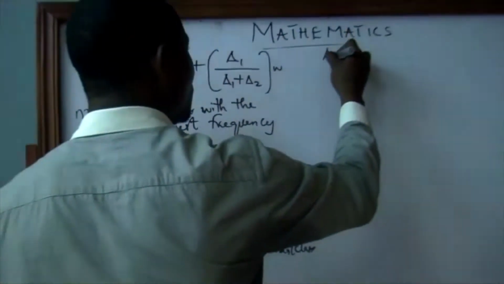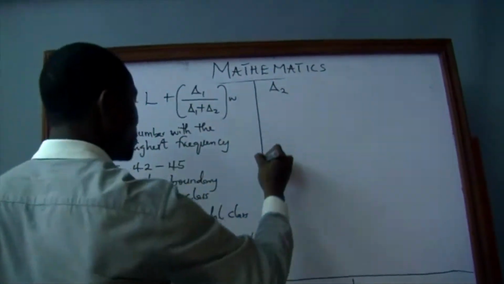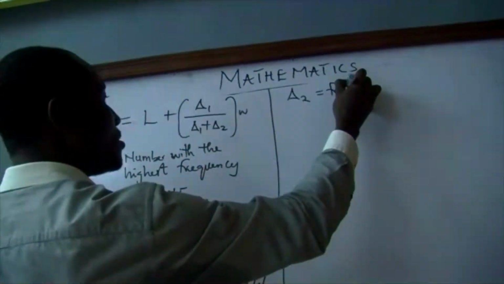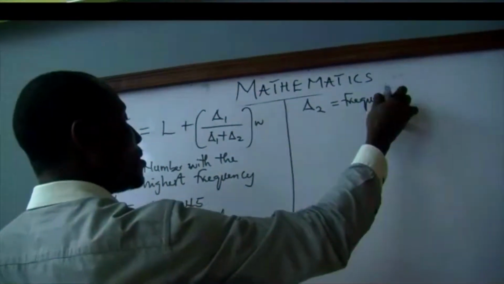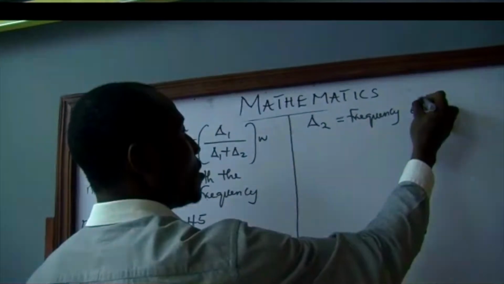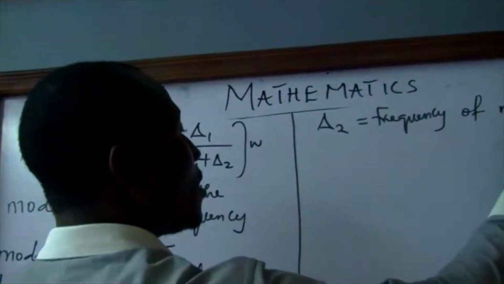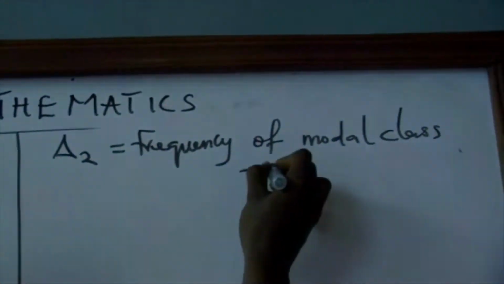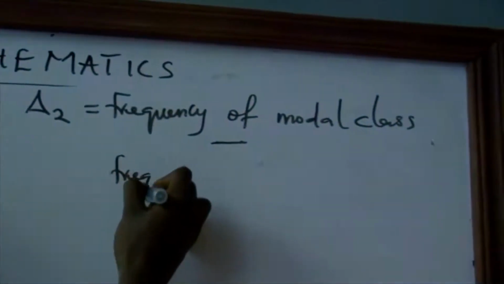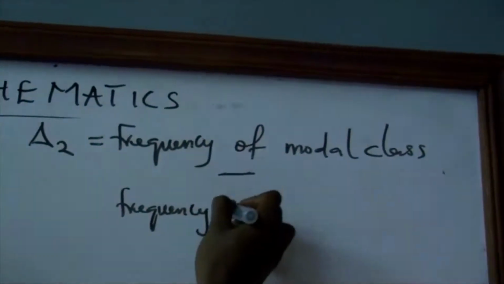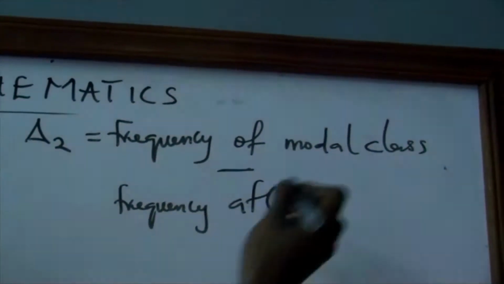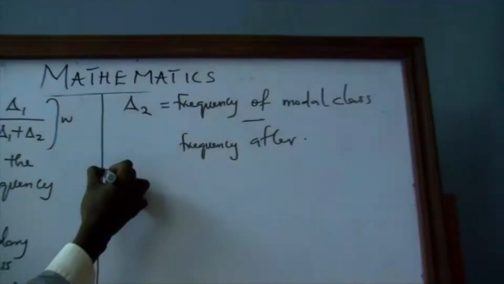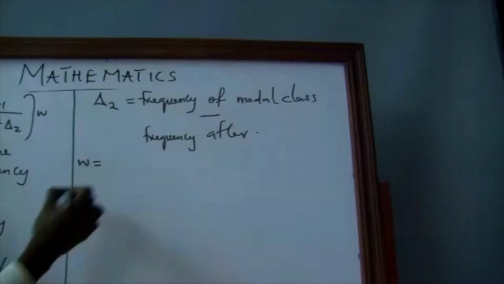Delta 2 is the frequency of the modal class minus the frequency after. W represents class width.